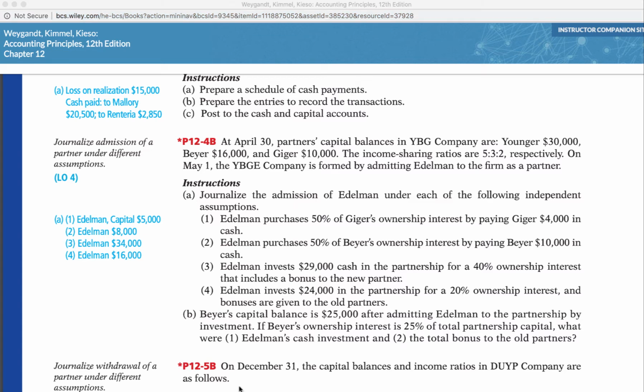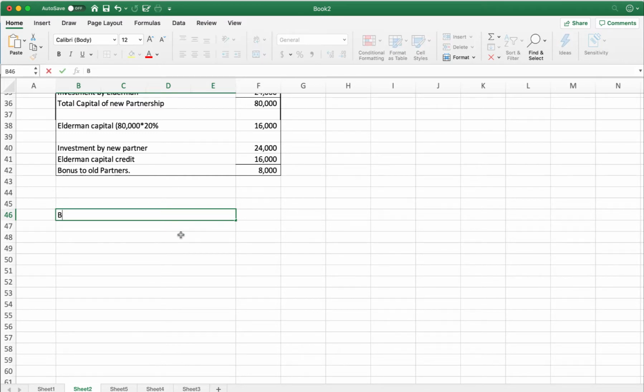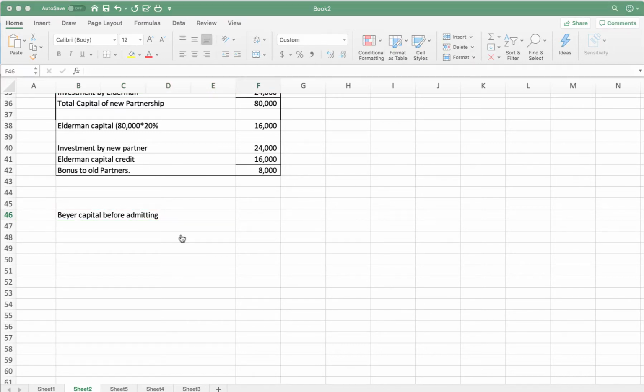So what we want to do first is plug in the information that we have. I'm going to put in Bayer's capital before admitting.